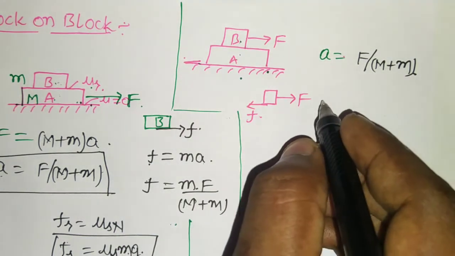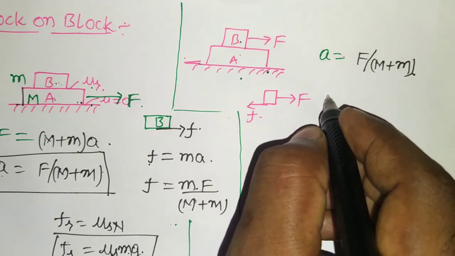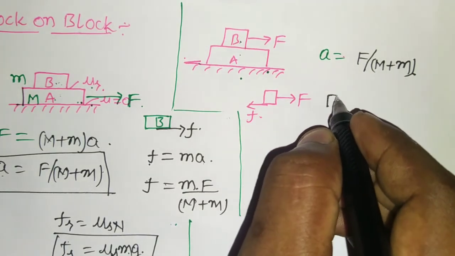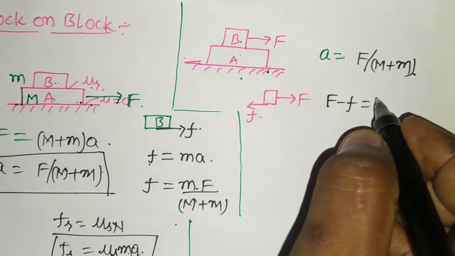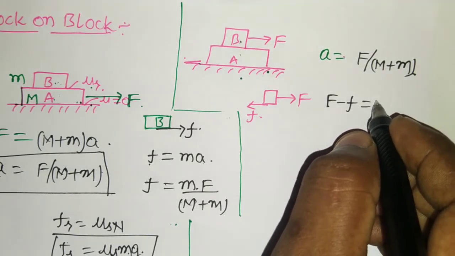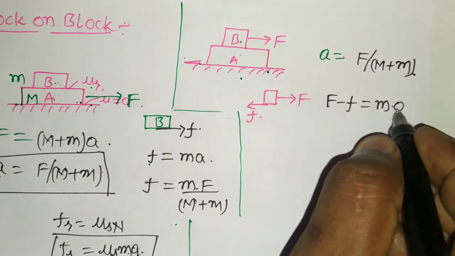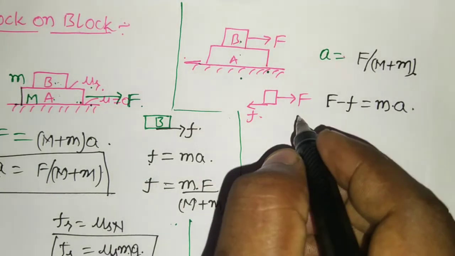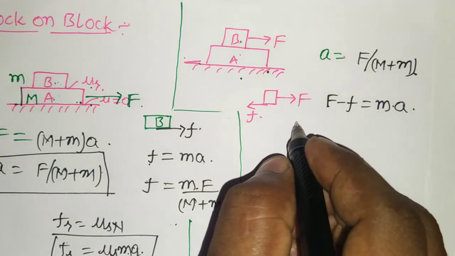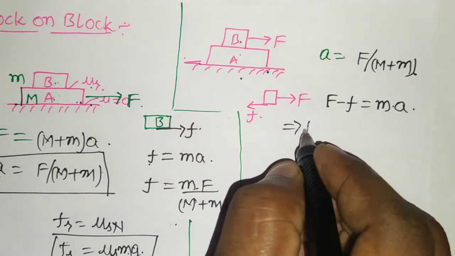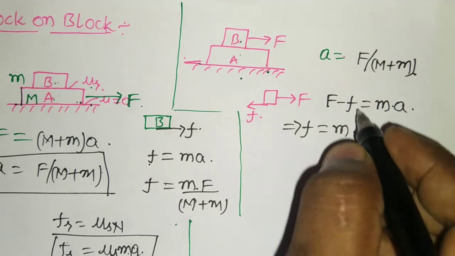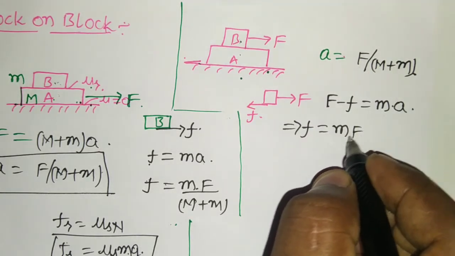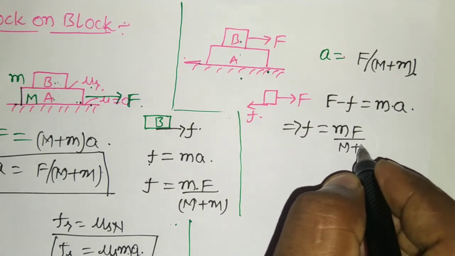So through this, I can write: applied force minus frictional force is equal to mass small m into a. Through this, I want to find the friction force acting in this case. That implies friction force f is equal to F minus small m into a, where a is F divided by capital M plus small m.